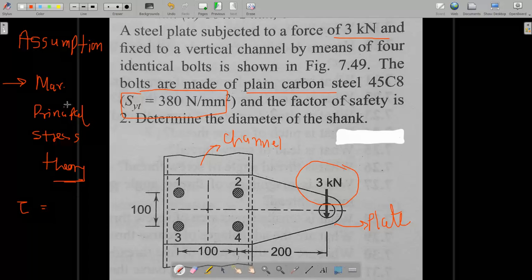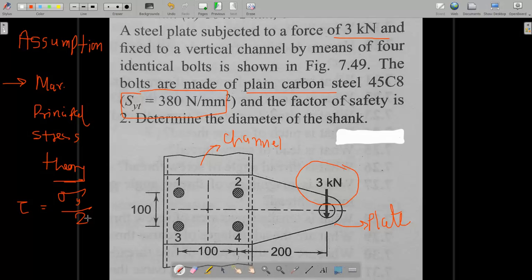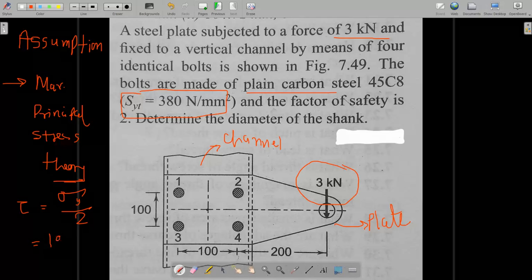As per the maximum principal stress theory, tau is yield strength divided by 2. If you take the maximum distortion energy theory, then it is not 1 by 2, it is 0.577. But for simplicity, here it is 190 megapascal. And the factor of safety is given as 2.